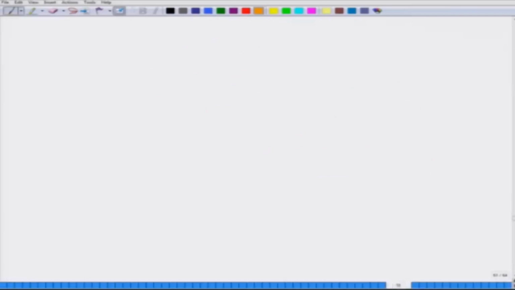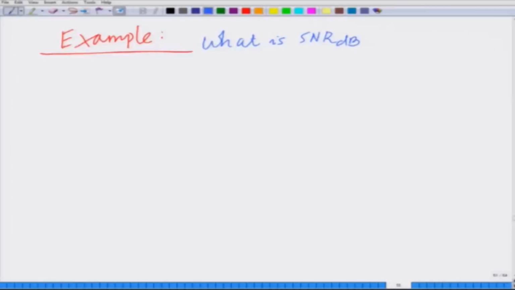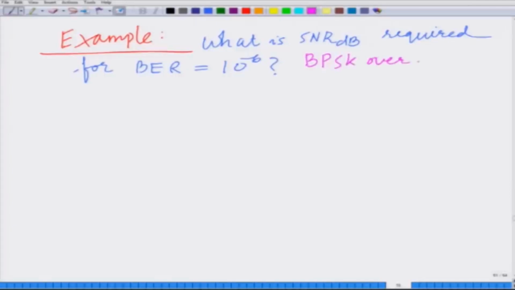So, another example is the same question in reverse: what is the SNR in dB required for bit error rate equals 10 power minus 6, again for BPSK over an AWGN channel.